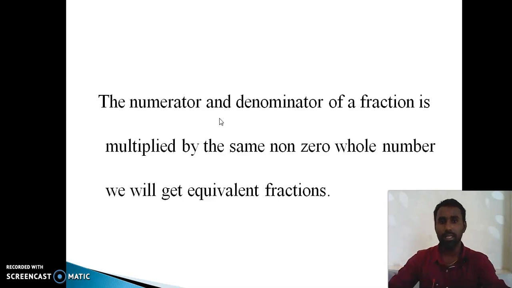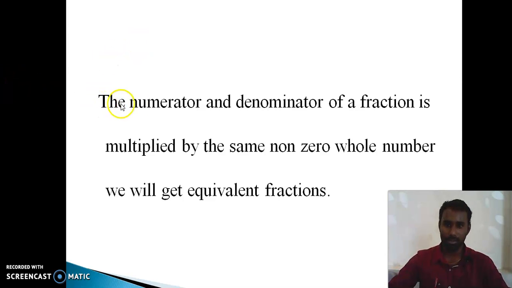So what is an equivalent fraction? As we know, a fraction has a numerator and a denominator. If we multiply the numerator and denominator by the same number, we get one more fraction. That fraction is called an equivalent fraction.